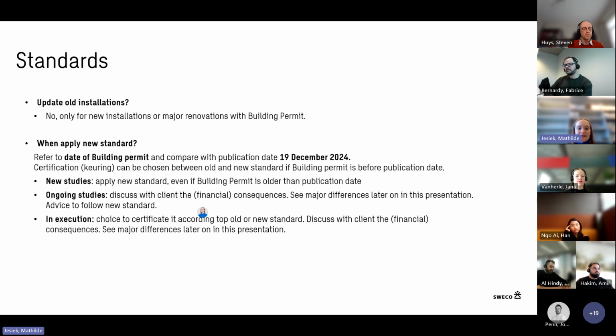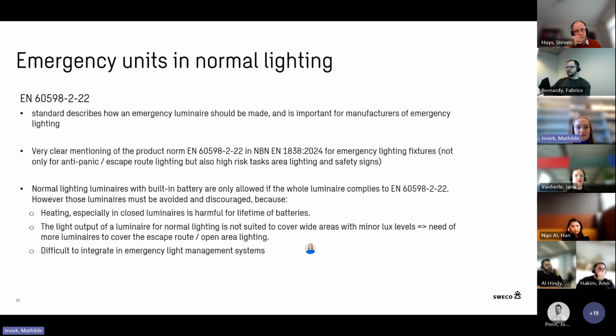For projects in execution, it's interesting to evaluate according to the building permits, but this is more for PLs to discuss with the clients. And also, if they really want to apply the new norm, you also need to explain that there could be financial consequences.